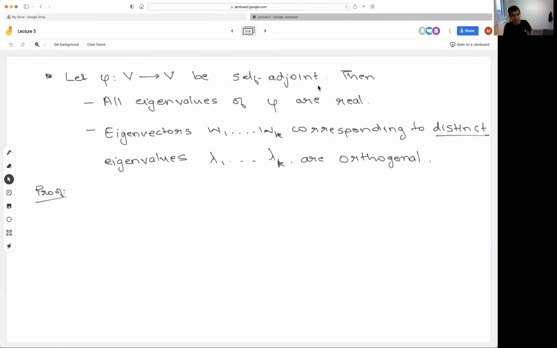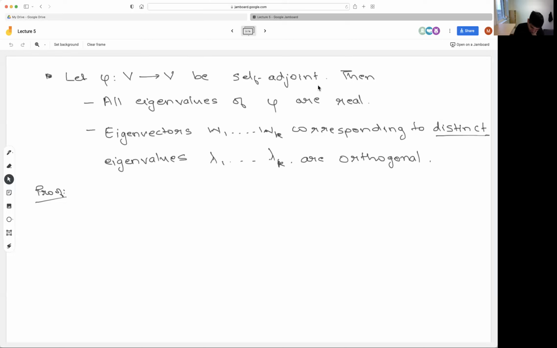Okay, so let me develop on this point that self-adjoint matrices or Hermitian matrices or symmetric matrices are nice, and in general, self-adjoint transformations are nice. So recall that a few things are kind of hidden under the hood here.